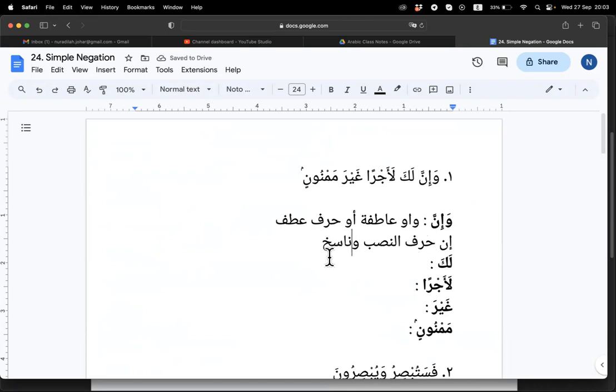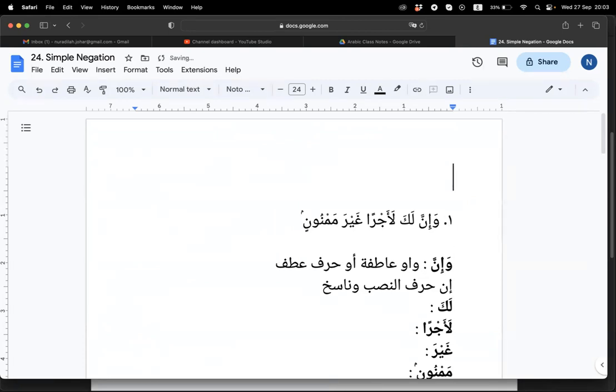So nasikh basically, for example, let's say we have Muhammadun mu'allimun. Okay. So what kind of sentence do we have? Jumlah ismiyah or jumlah fi'liyah? This one I believe jumlah ismiyah. Yes. So Muhammadun is our mubtada, and then this is our khabar.